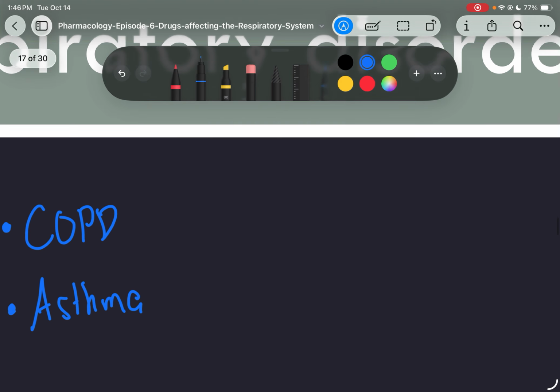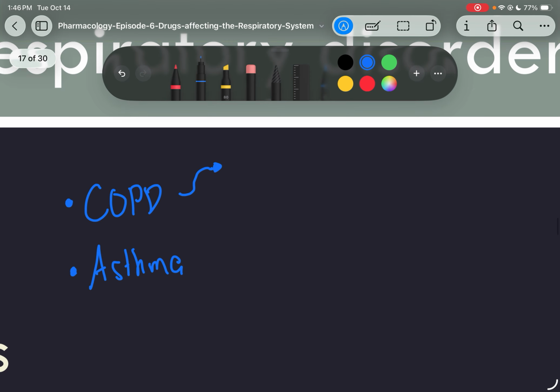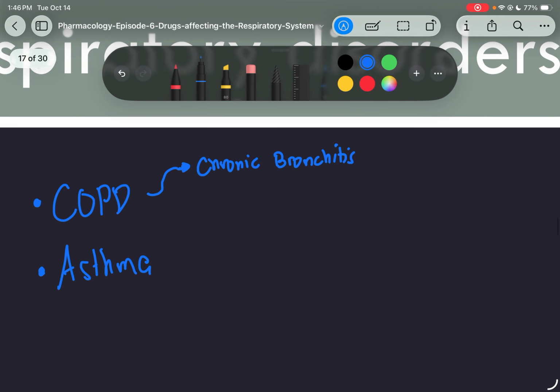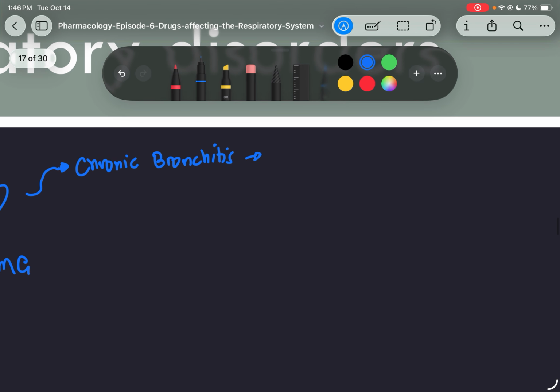Now, there are two common types of COPD. The first is chronic bronchitis. When we say chronic bronchitis, class, it refers to inflammation of the airways.